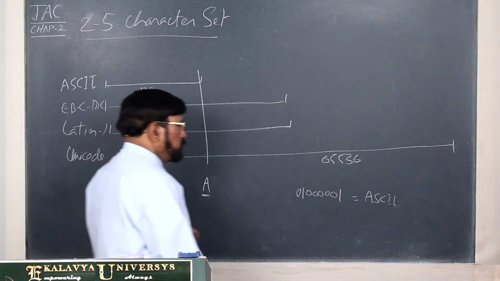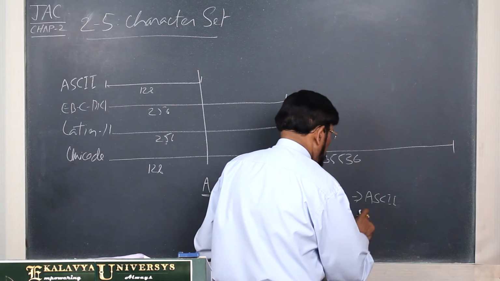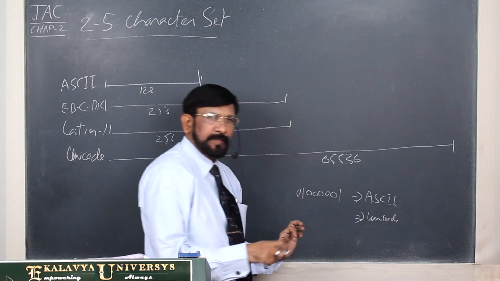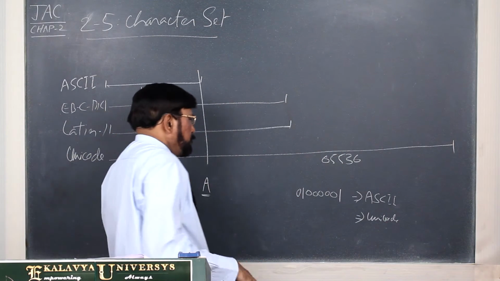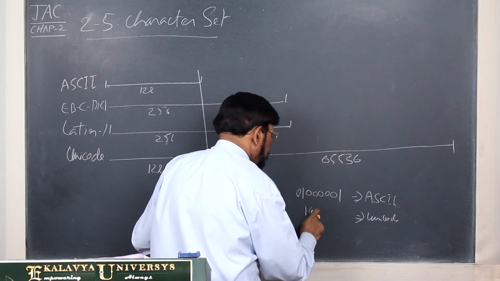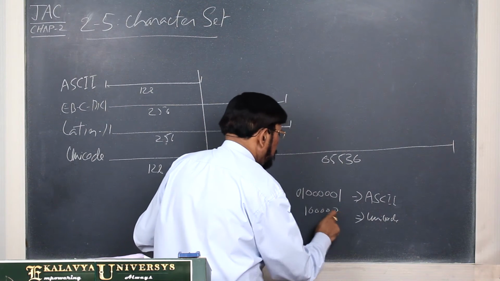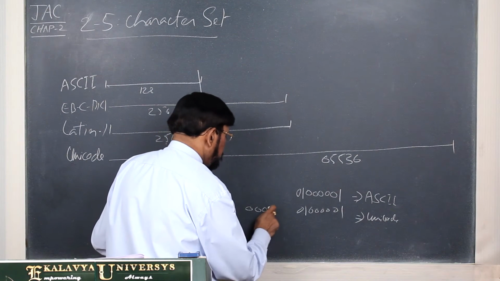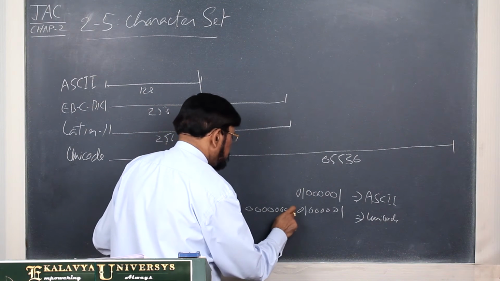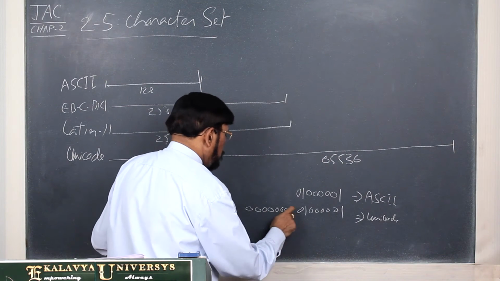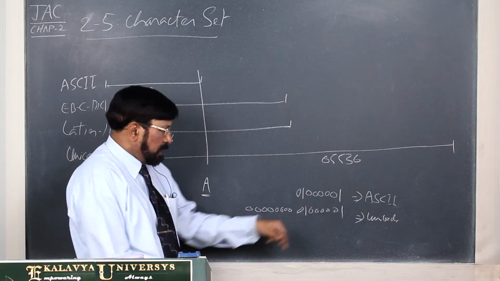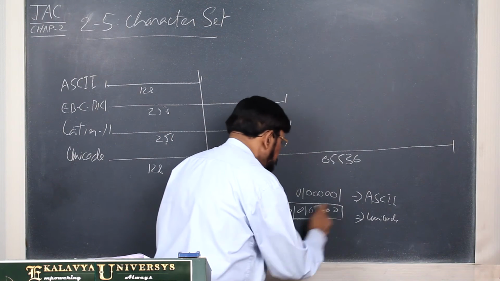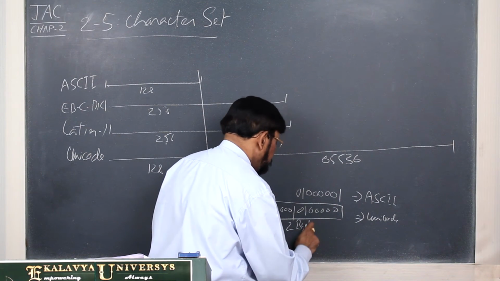What about Unicode? How do they manage the same thing in Unicode? Unicode also has this, and here 4 plus 4, 8. Now you see 16 bits, 2 bytes. This is 2 bytes.